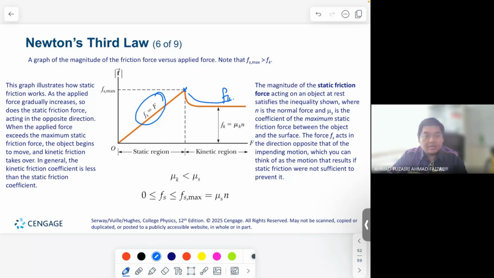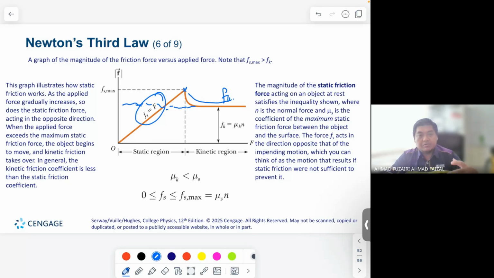In the kinetic friction, the friction has a constant value. But before it reaches the point where the object starts to move, it should contain static friction.